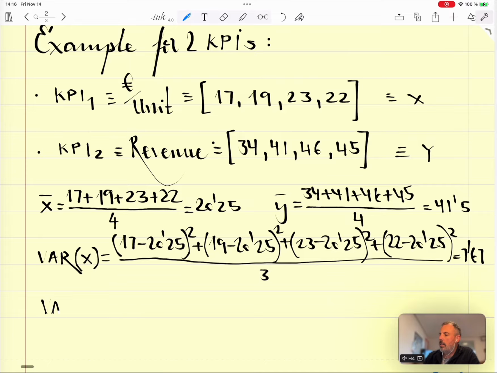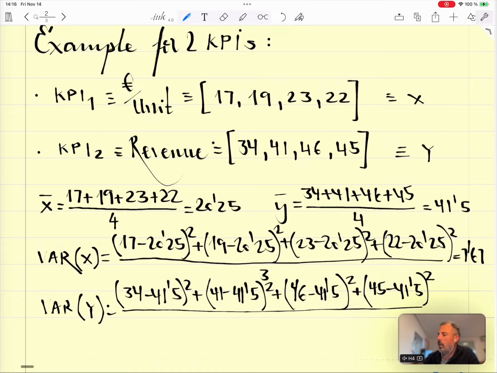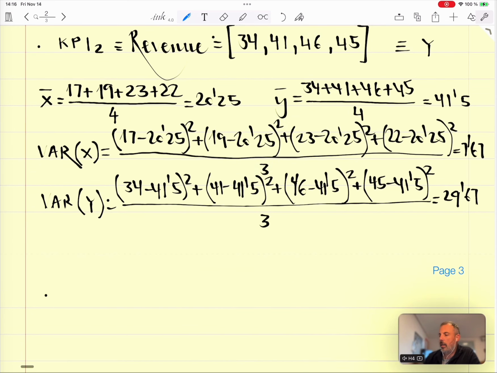The variance of y is 34 minus 41.5 squared plus 41 minus 41.5 squared plus 46 minus 41.5 squared plus 45 minus 41.5 squared, divided by 3, equals 29.67. Okay.